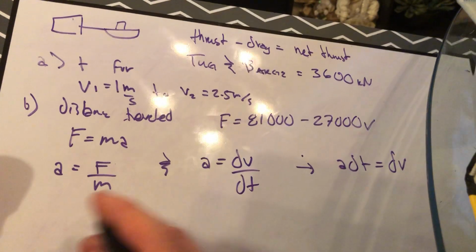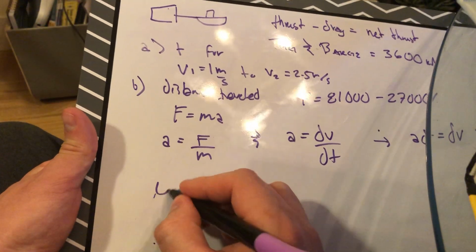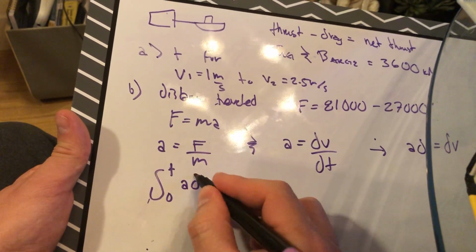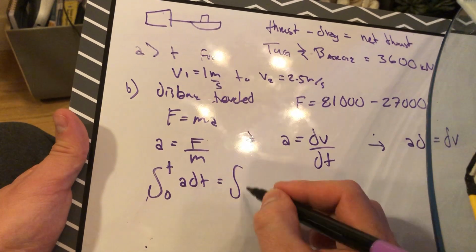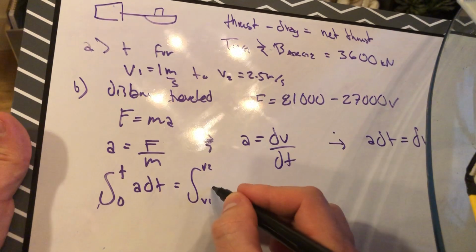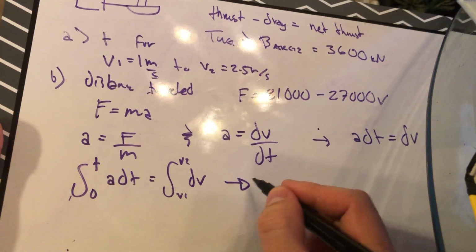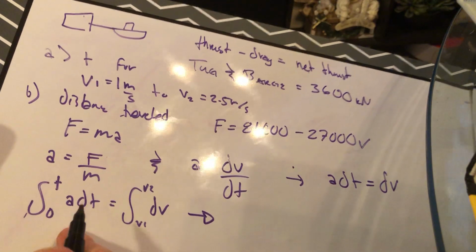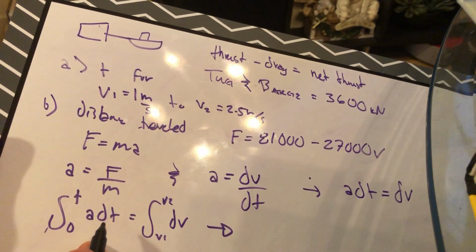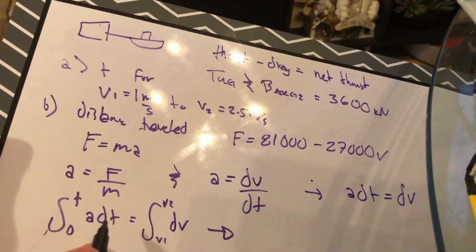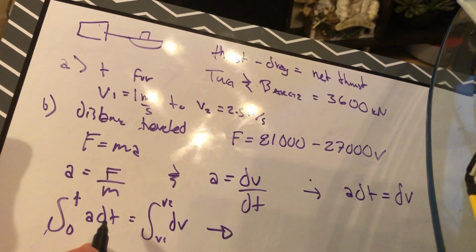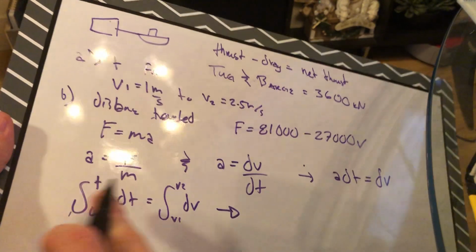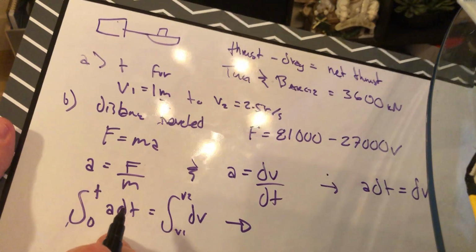And what that'll give us is, if we take the integral from 0 to t of a dt and v1 to v2 of dv, we're going to pull the a term out here, isolating for time by moving the acceleration term.